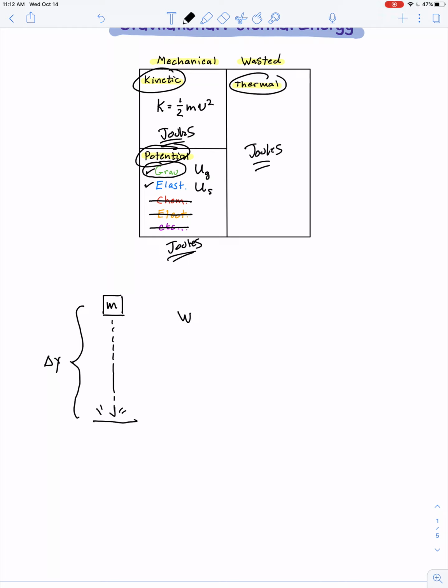Well, the work done by gravity, like all work, is a vector dot product of force with displacement, meaning it's equal to the force of gravity multiplied by the magnitude of the displacement multiplied by the cosine of the angle between those two vectors.